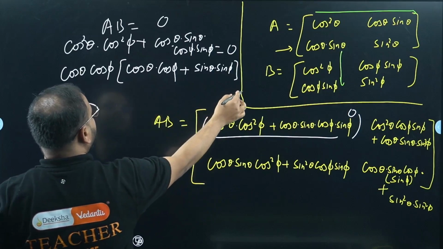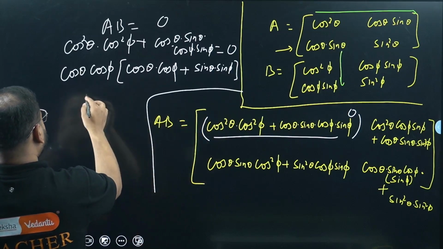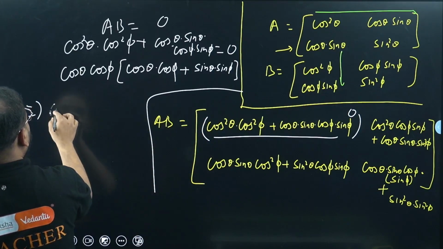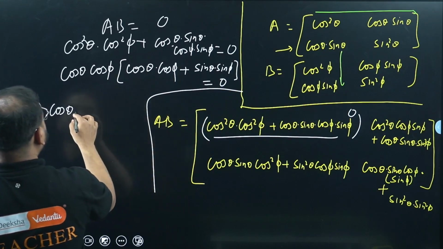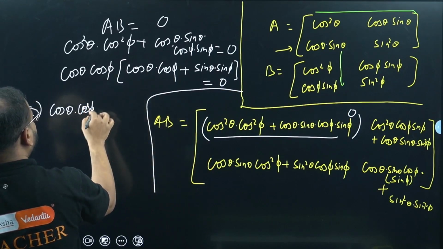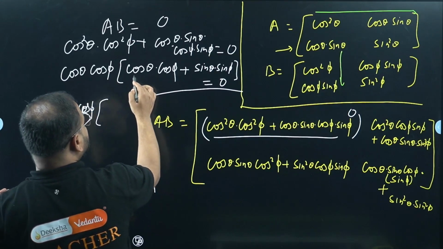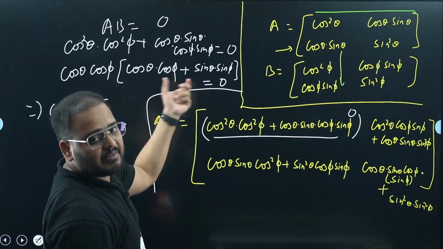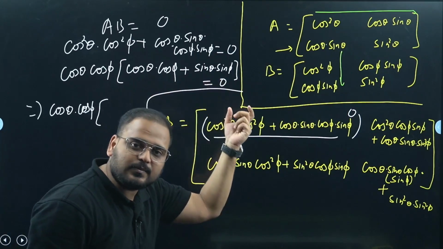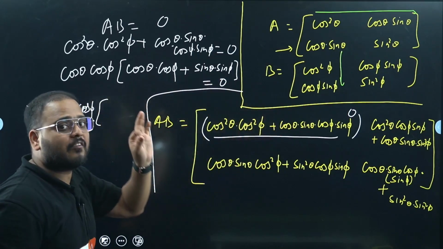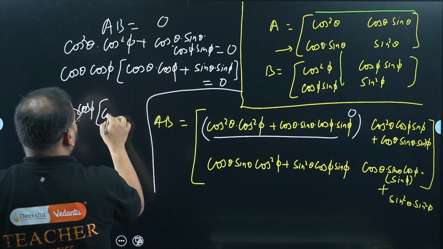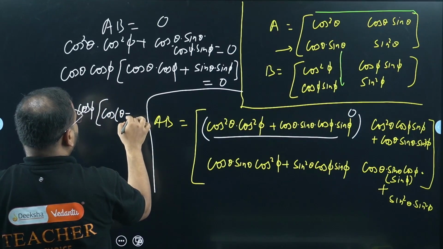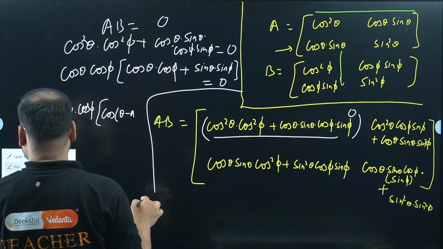Okay, now check here. If I'm continuing from here, it will become cos theta, and this would be equal to 0. Cos theta cos phi, and what about this? Cos theta cos phi plus sin theta sin phi. Cos A cos B plus sin A sin B is cos of A minus B. So this will become cos of theta minus phi.